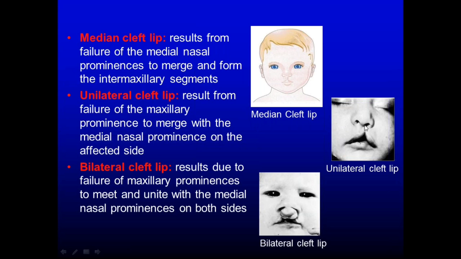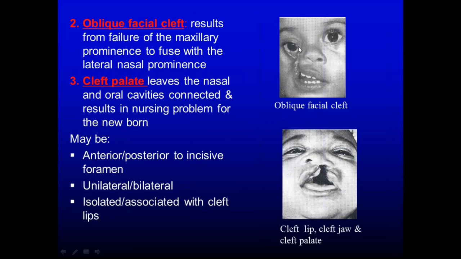Second is unilateral cleft lip. Unilateral cleft lip is because the medial nasal prominence fails to merge with the maxillary prominence on the affected side. It can be unilateral or it can be bilateral, on both the sides. Then oblique facial cleft.